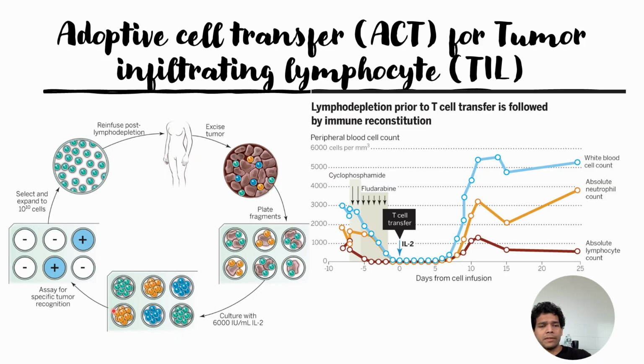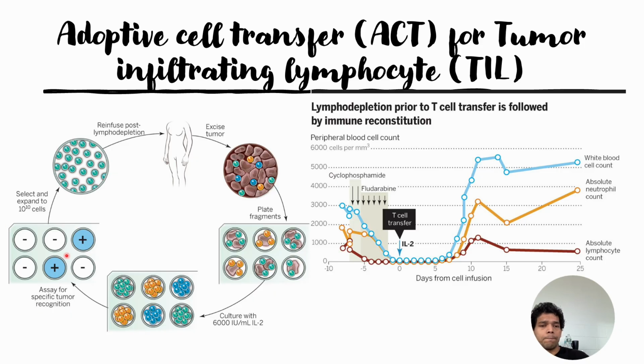After 2 to 3 weeks of culturing in the presence of IL-2, here the concentration mentioned is 600 IU per ml, they will check each well for tumor recognition.